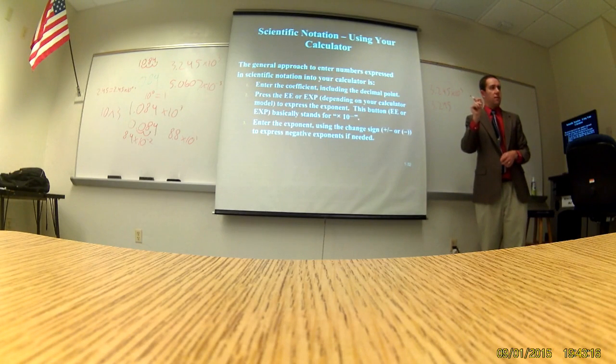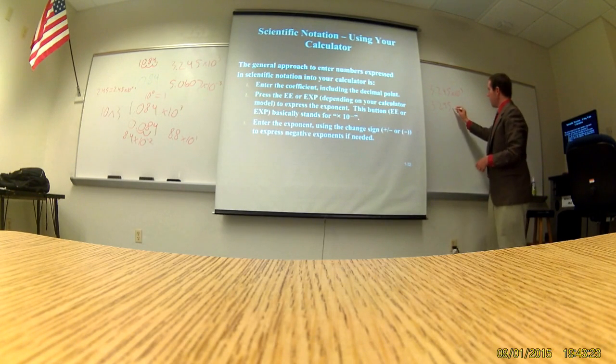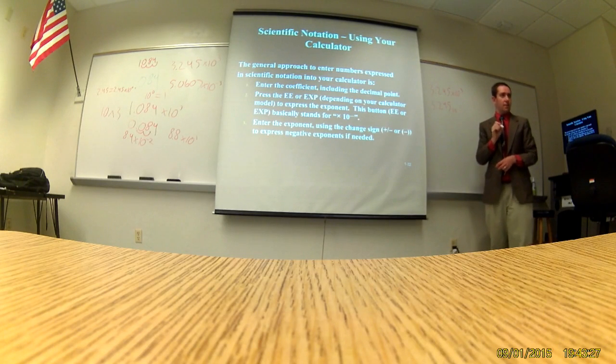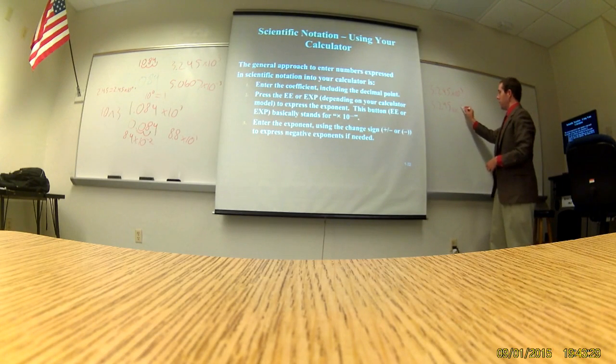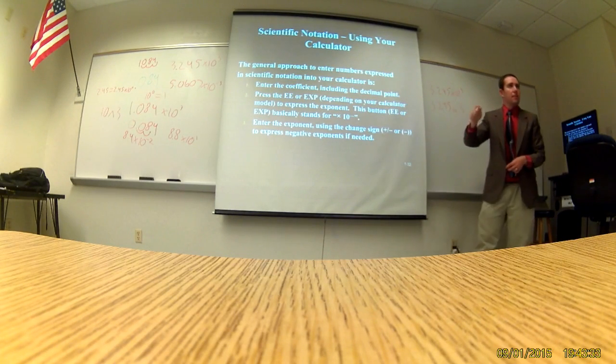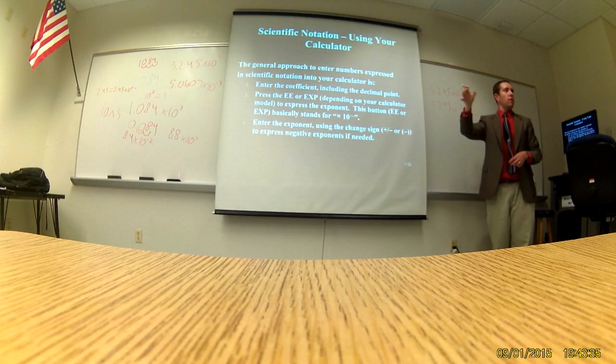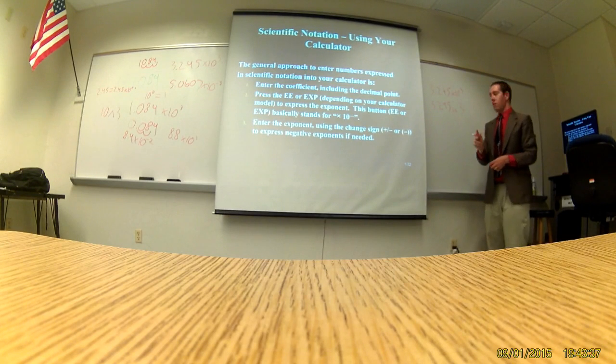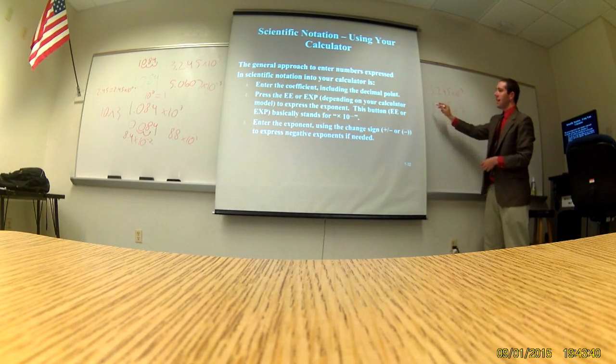You see that? Anybody who has one, can you see it? It's probably 2 little lowercase e's, like that. 3. That EE or that EXP means times 10 to the. So you would put it in your calculator like that.